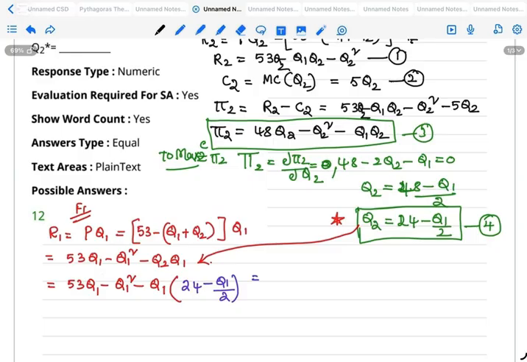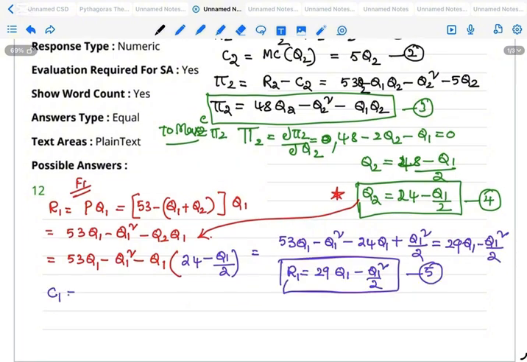So 53 Q1 minus Q1 square minus 24 Q1 plus Q1 square by 2, in terms of Q1. That is R1 equals 29 Q1 minus Q1 square by 2, in terms of Q1. Then MC of Q1, MC equals 5 Q1.